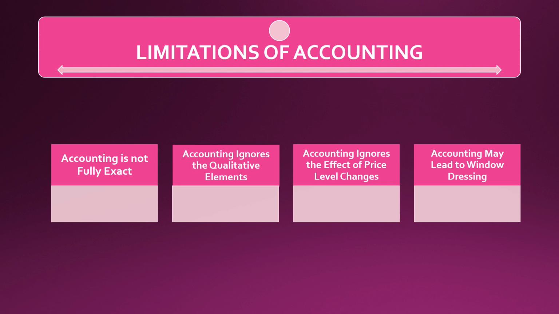The second one is, accounting ignores the qualitative elements. Accounting ignores the qualitative information. As accounting is concerned only with the monetary transactions, only with the financial transactions of the business, it generally ignores the qualitative aspects, like good relations between the employees, between the workers, good relations between the management and the workers.